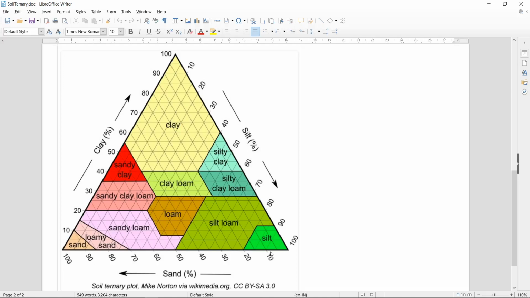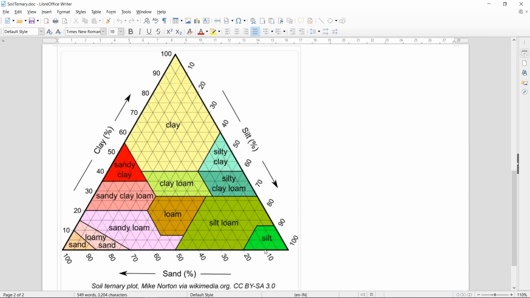We have to measure each percentage as per the direction of these lines. If we measure the sand percentage, parallel to the axis previous to sand, we will measure the sand percentage. So this is the sand axis, and the axis previous to sand is this axis, which is going vertically like this or diagonally like this.